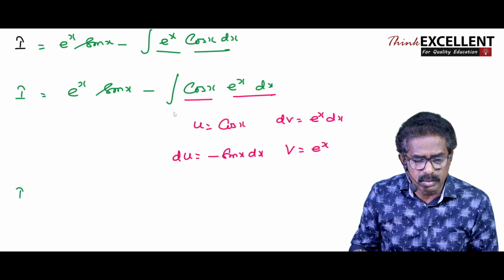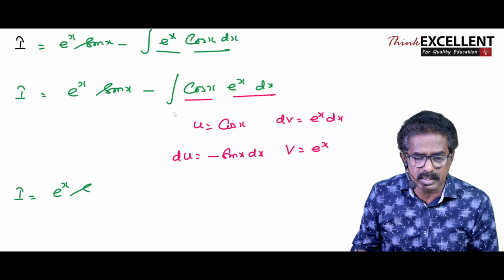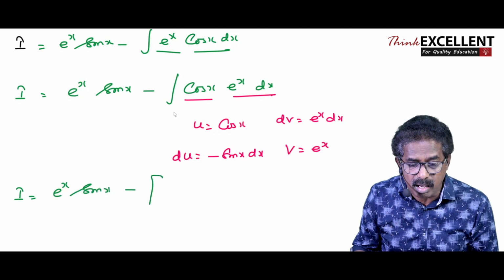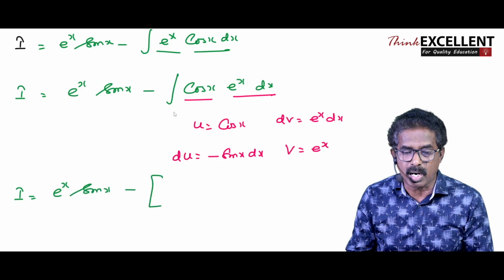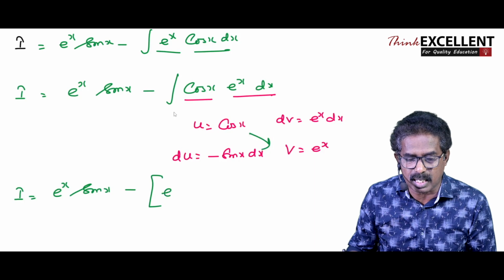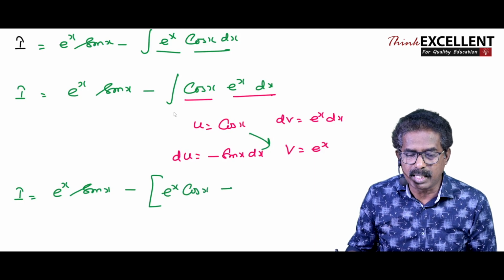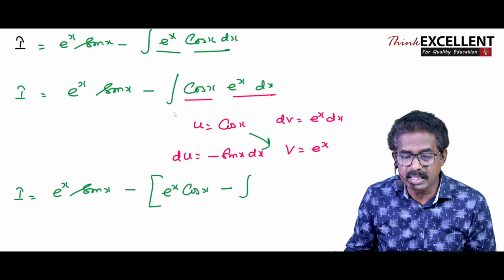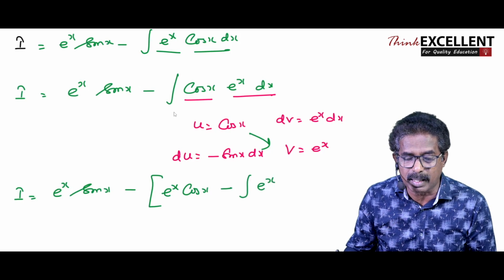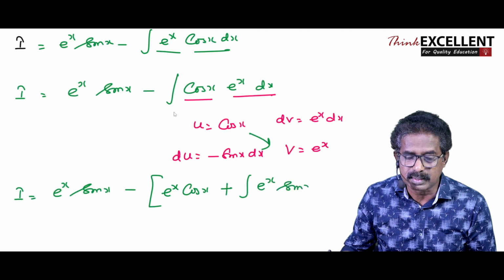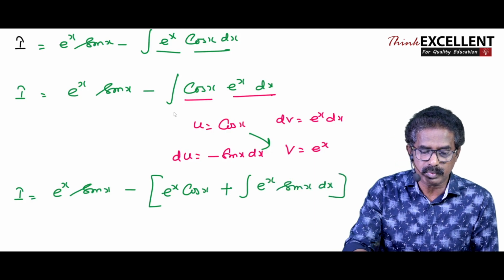So I equal to first term no change e raised to x sin x, then minus of, put a bracket, product rule uv e raised to x cos x, minus integral of v du, v value e raised to x, du has another minus, so that minus minus becomes plus, sin x dx.